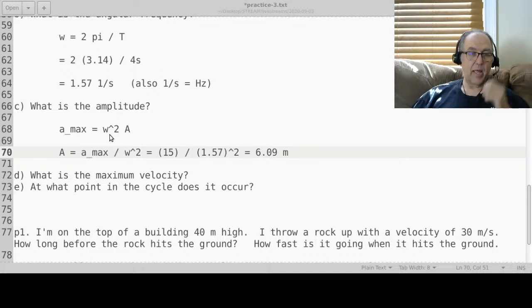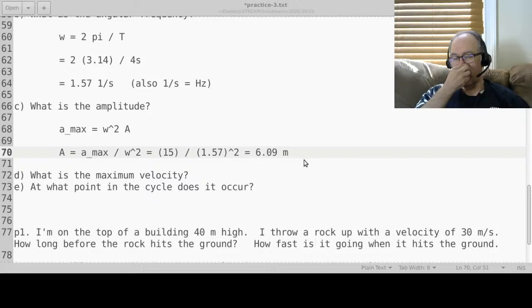Now we're asked to solve for the amplitude, so you need to isolate it. Just divide both sides by omega squared, and you get that capital A is equal to A max divided by omega squared. Substitute in the numbers, and you get 6.09 meters.